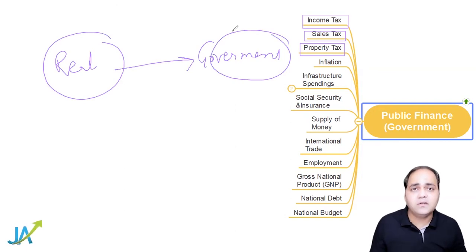This government can be the local governing bodies or the municipal corporation of the state. These can collect the taxes, be it residential, commercial, or any kind of property.